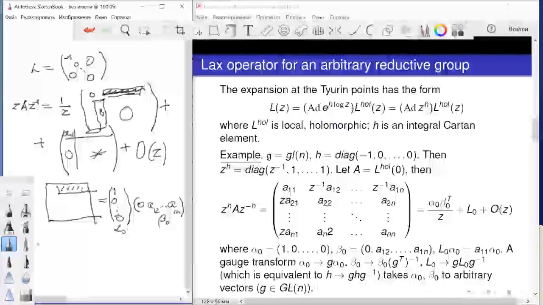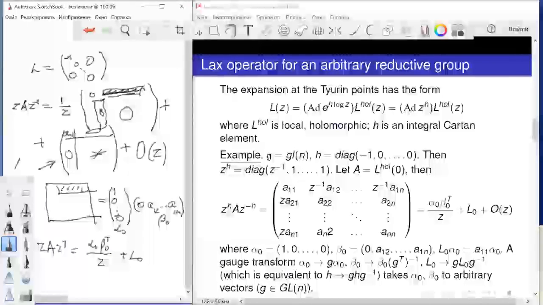So Z A1 is equal to alpha 0 beta 0 transposed over Z plus L0. L0 is just this matrix plus O of Z.